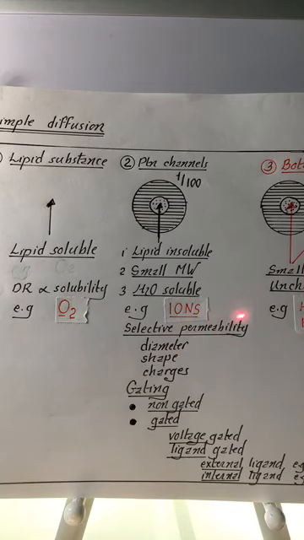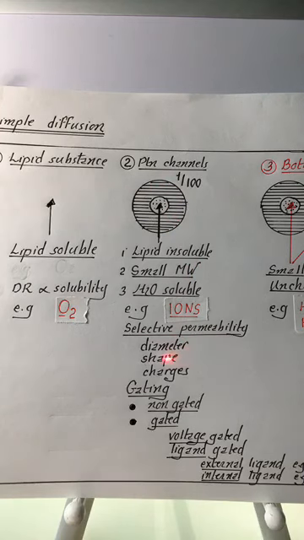Definitely the most important factor is the diameter of the ion in relation to the diameter of the protein channels. If the ions are larger than the protein channel's diameter, definitely they will not pass. The second thing is their shape. All ions inside our body are hydrated ions. Somebody may ask me, what is meant by hydrated ions? They are covered by a shell of water.